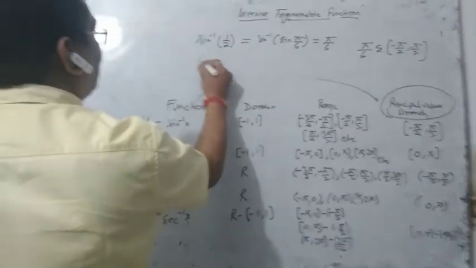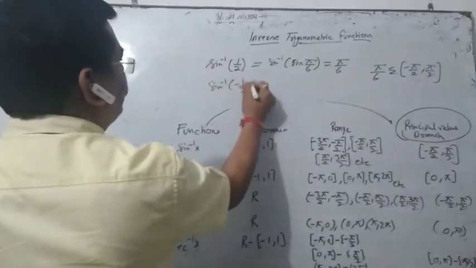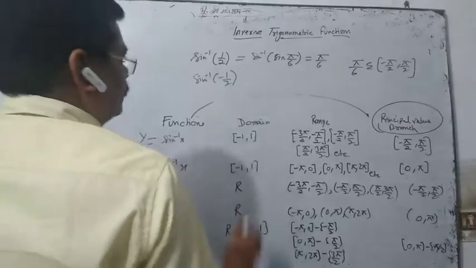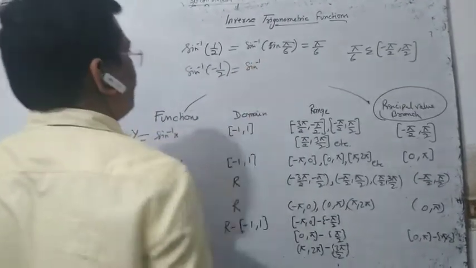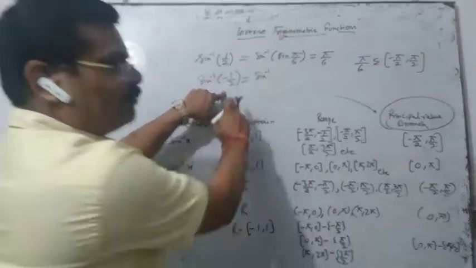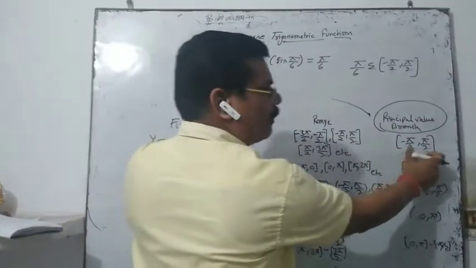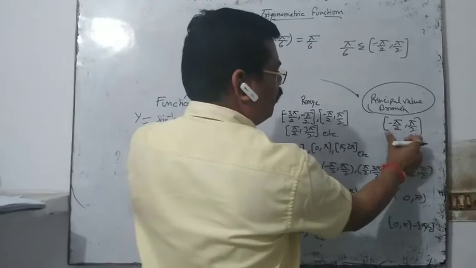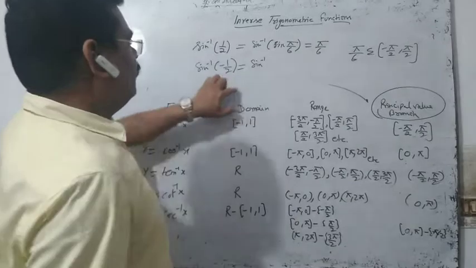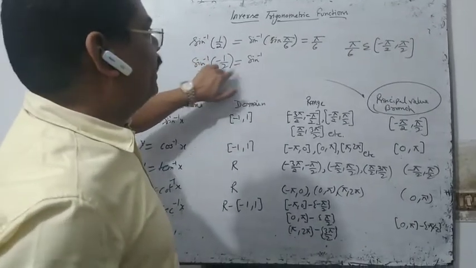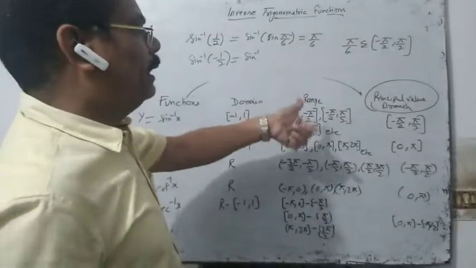Another, let sin inverse minus 1 by 2. Then the result of this question is sin inverse minus 1 by 2. The inverse function lies between minus pi by 2 to pi by 2, and the principal value of this function is always in minus pi by 2 to pi by 2. So if negative sign, take negative; if positive sign, take positive.